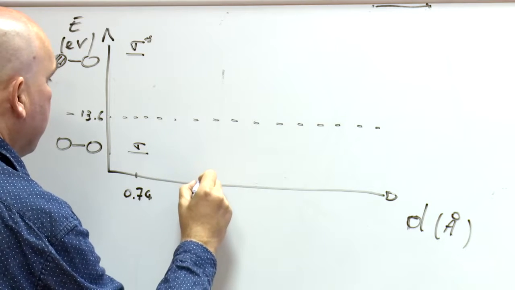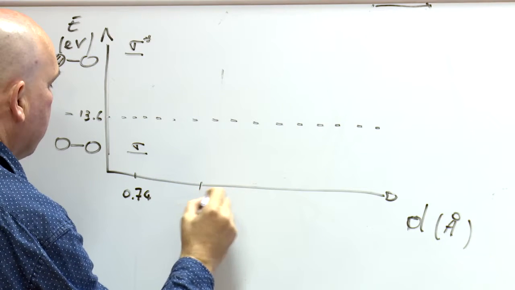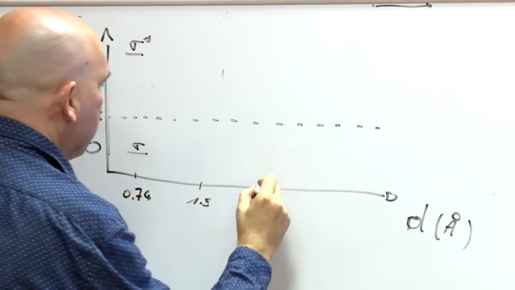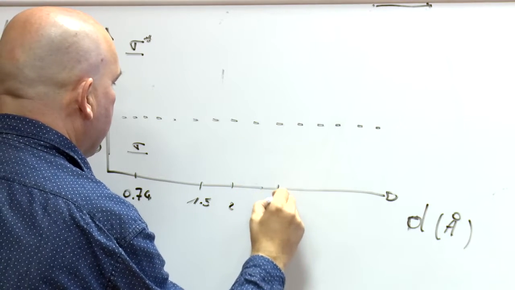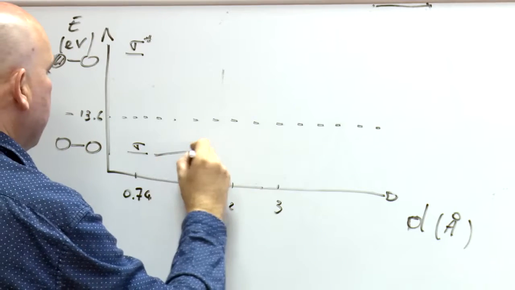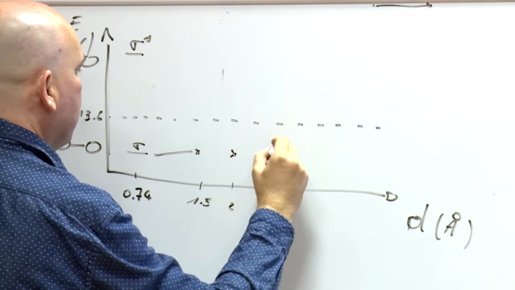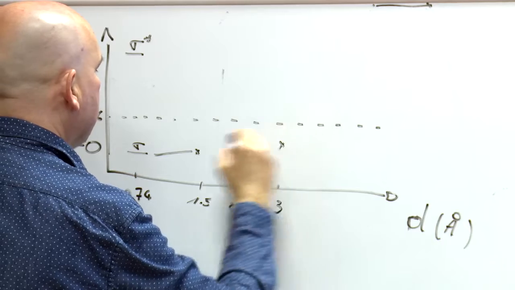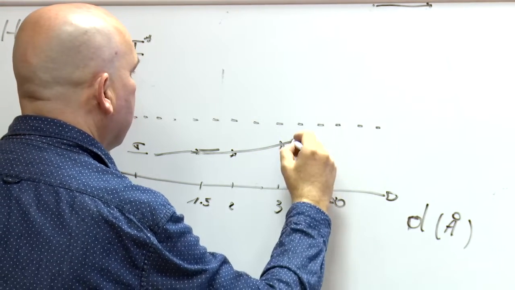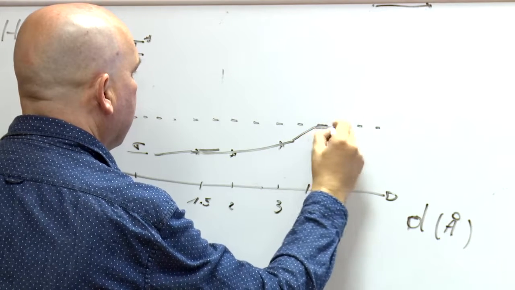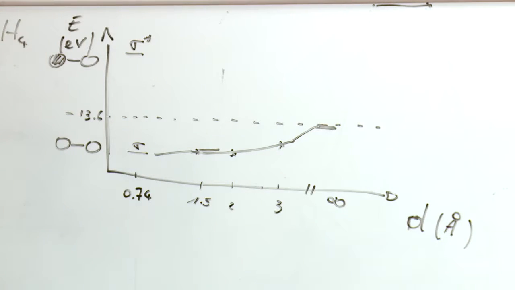For example, here we have 1.5, 2 and after 3. So we do a correlation between these levels, like this, and for infinity, you will have exactly minus 13.6 eV.